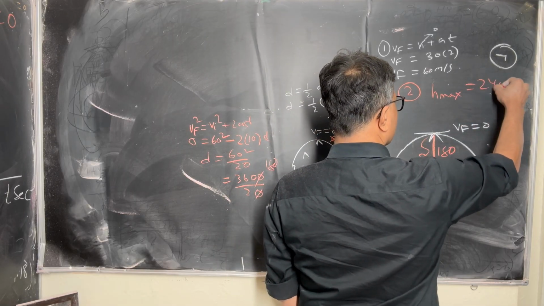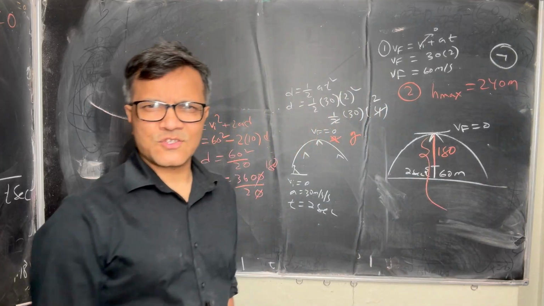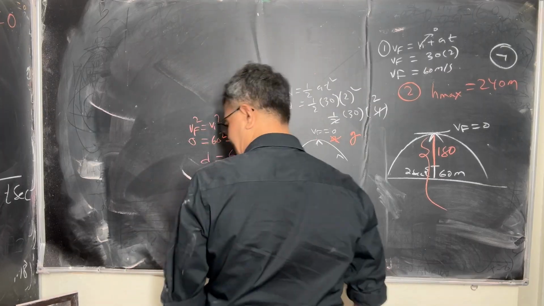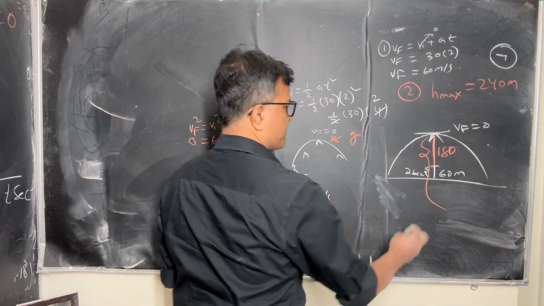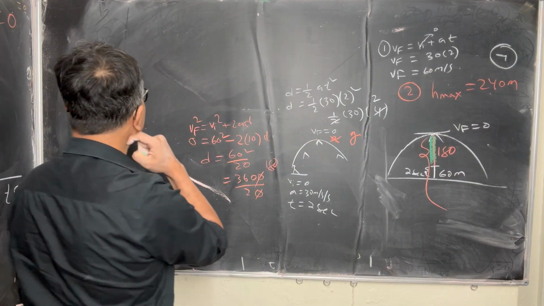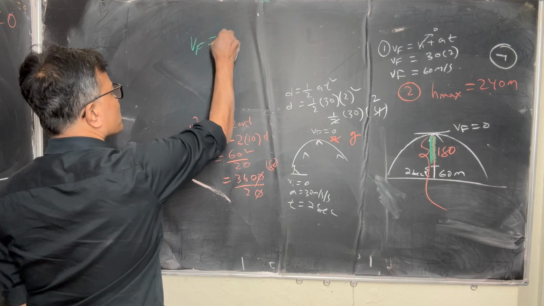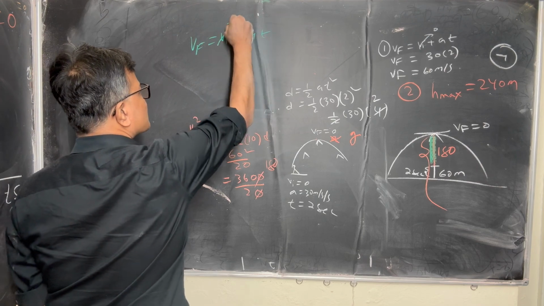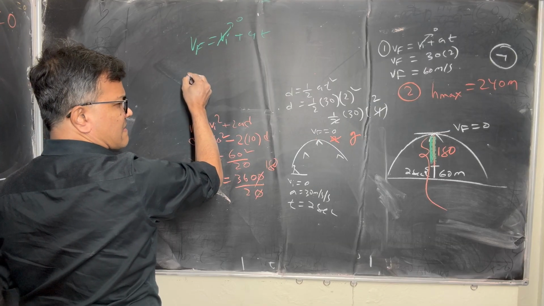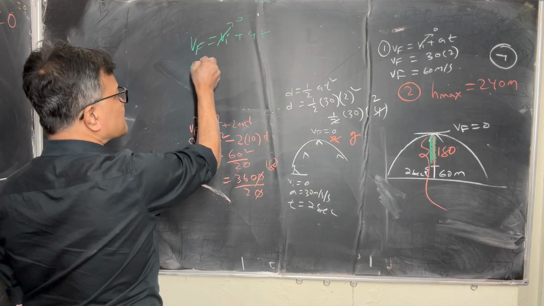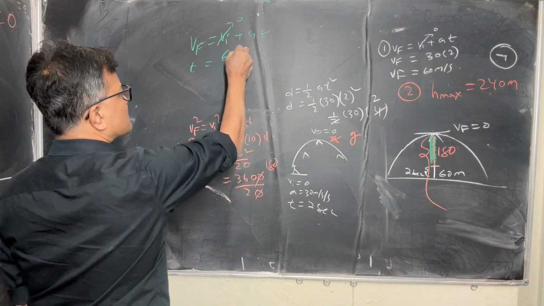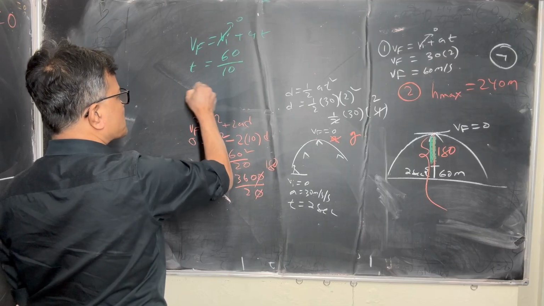The max height is 240 meters. Now, the time it takes to get to the max height. Let's find the missing time. Vf is equal to Vi plus At. Vf is 60 and A is 10, so 6 seconds.